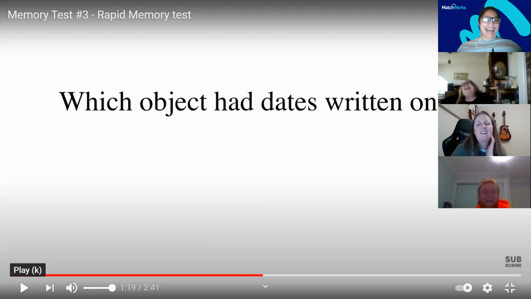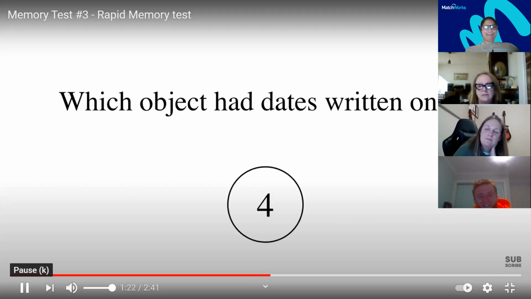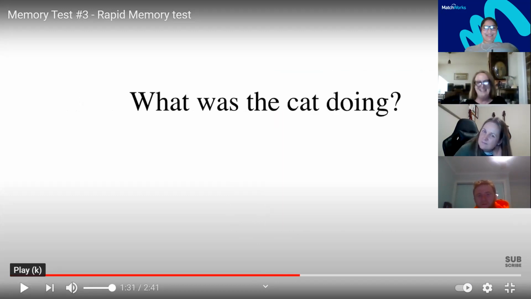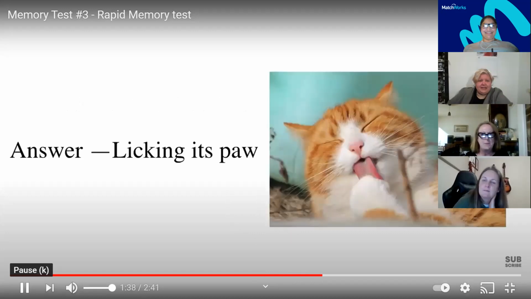Someone has the detail of the dates. It's called paying attention to the detail. 2017, or 2071. Anyway, it was shoes. Okay, the answer is shoes. Okay, I was wrong with pretty much everything. What was the cat doing? Licking itself, its paws. Yeah, the cat I saw was trying to get on my keyboard, so I missed that licking one.